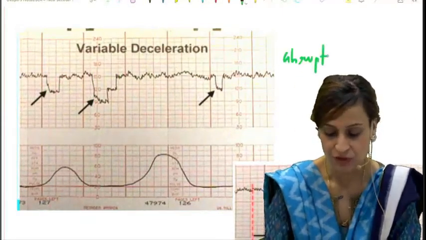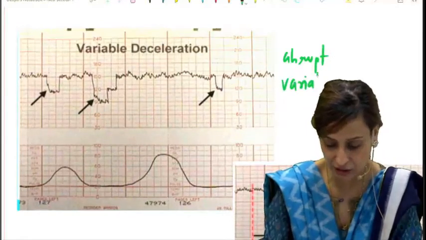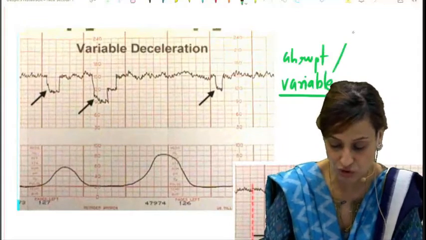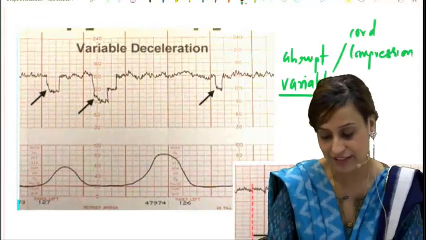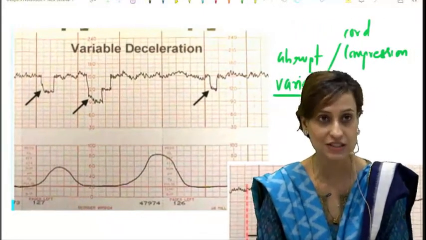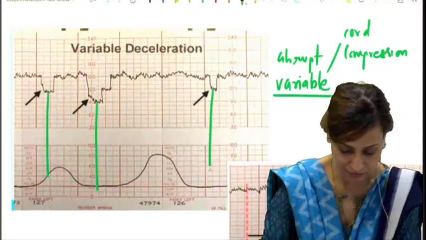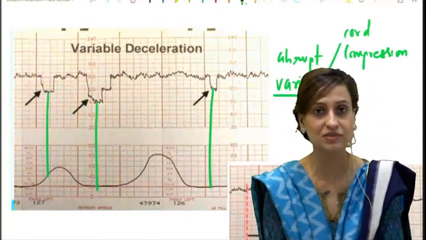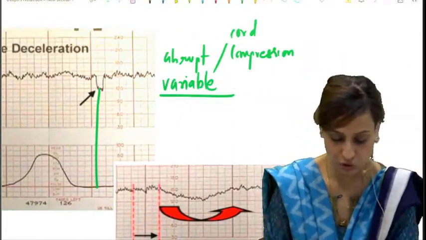So if it's an abrupt fall and an abrupt pickup, then these are variable decelerations, which are because of cord compression. And naturally, the other thing about variable decelerations is they have no consistency with respect to a contraction. Sometimes they appear before, sometimes after, and sometimes in between two contractions, right? Now, these may be physiological or they may become pathological.